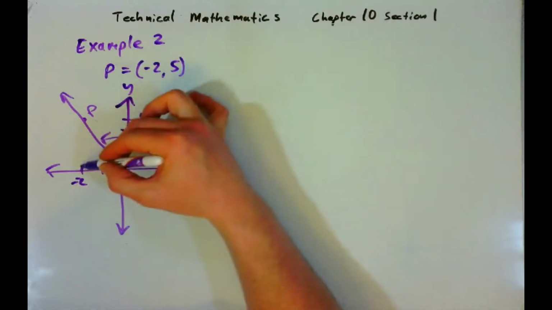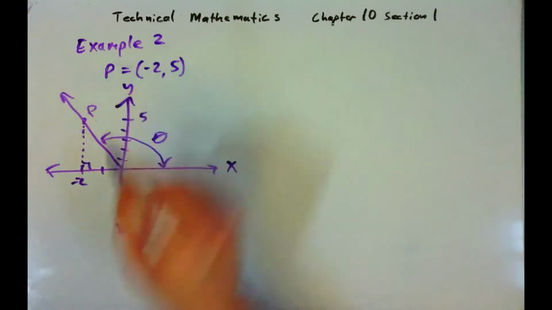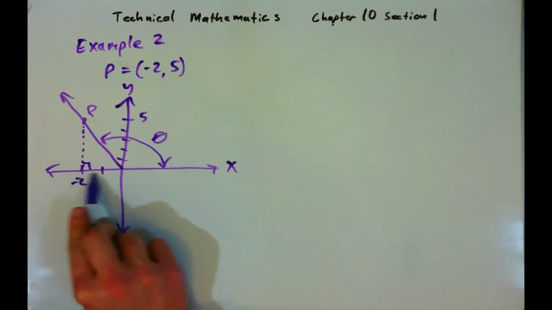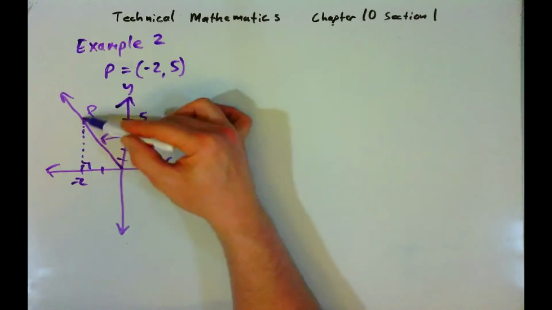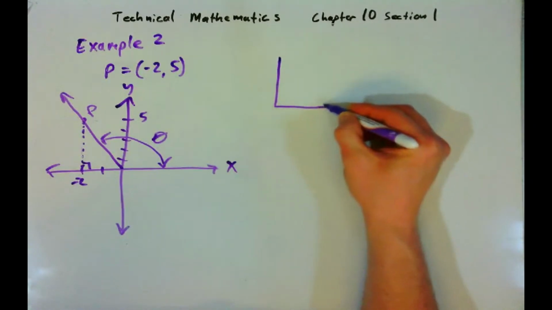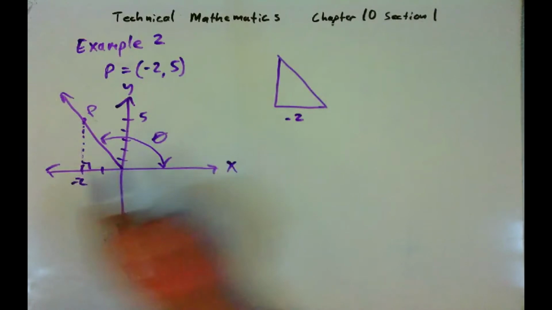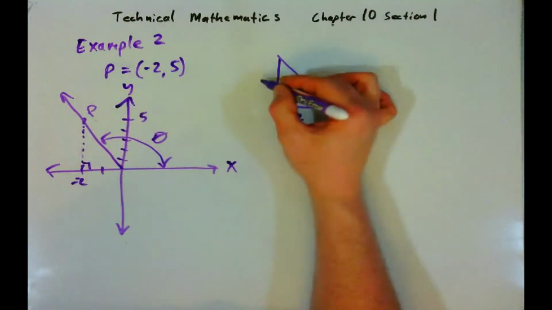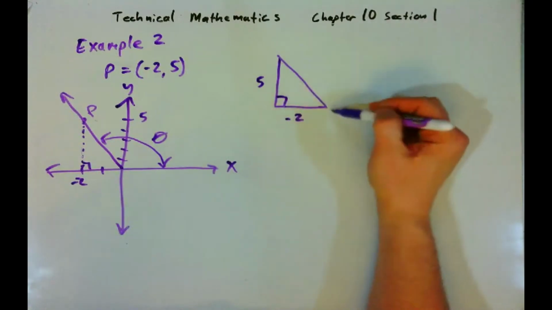Now again, this angle forms a right triangle with the x-axis, right here. The length of this side of the triangle is 2. The length of this side of the triangle is 5. And if I just draw the triangle, I suppose technically I should say that the length of this side is negative 2. The length of this side is 5. This side is the hypotenuse of a right triangle.